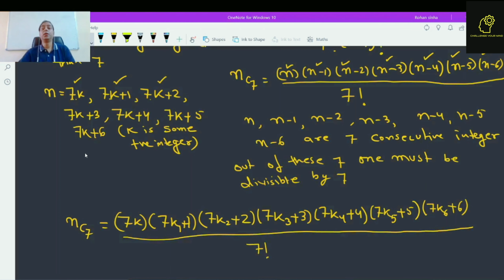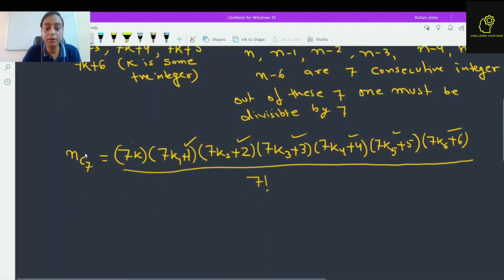Now, what is the purpose of writing this? Because out of these 7 consecutive integers, one must be divisible by 7. And what about the others? If you divide the others, they keep remainders 1, 2, 3, 4, 5 and 6. And k1, k2, k3, k4, k5 and k6 are some integers.